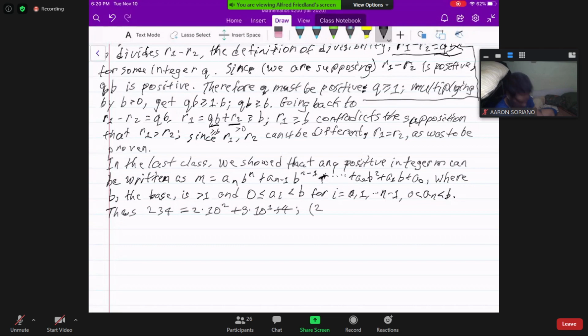And if we take 2, 3, 4 in, say, base 6, that would mean 2 times, instead of base 10 to the second, base 6 to the second, plus 3 times, instead of base 10 to the first, base 6 to the first, plus 4.